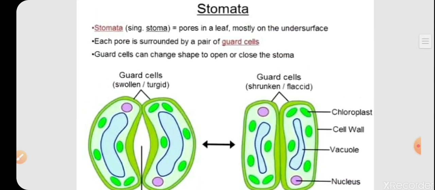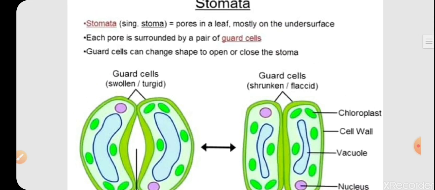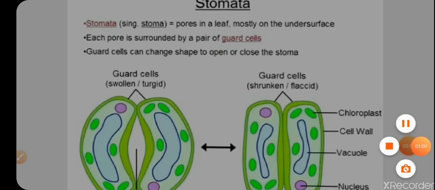You can see that the stomata are the pores in the leaves which help in the exchange of gases, and they are surrounded by guard cells which regulate the opening and closing. When the gas enters or exits through the stomata, it opens, and when the gas has gone out, it gets closed. So these are the stomata.